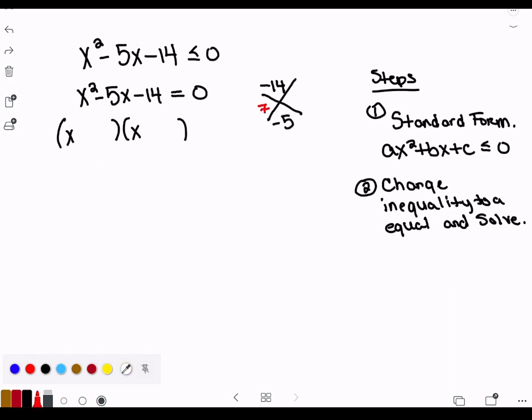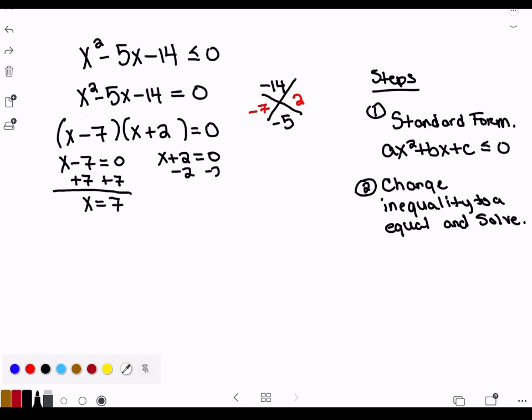I'm finding two numbers that multiply to get negative 14, but when I add, I get negative 5. That's how I chose to solve this quadratic equation. Now, you may choose to use the quadratic formula. You got to figure out what works best. So I set each one of my parentheses equal to 0. I get 7 and negative 2.